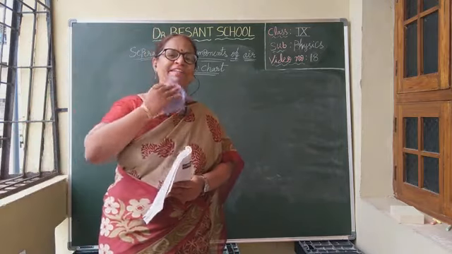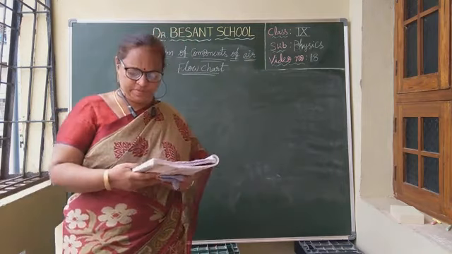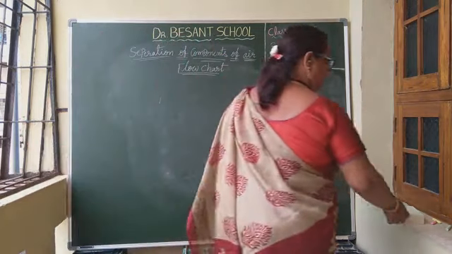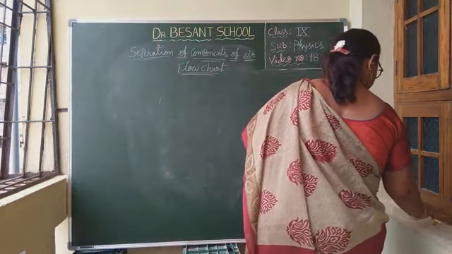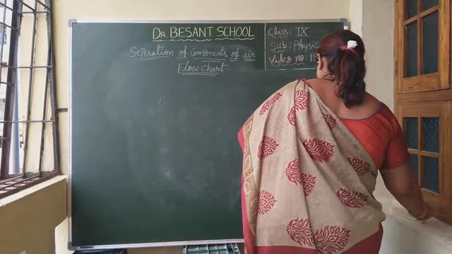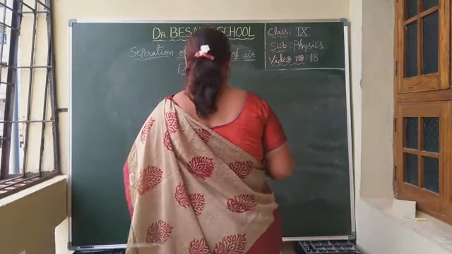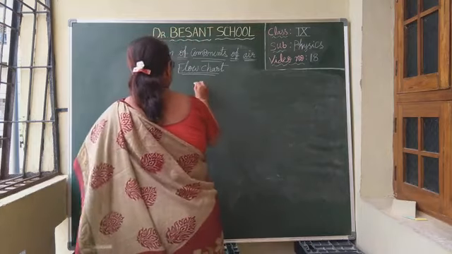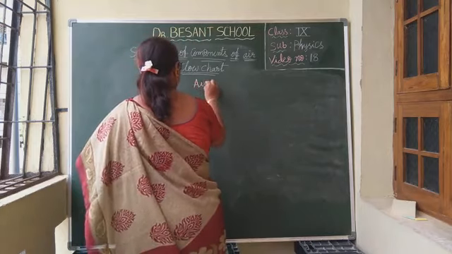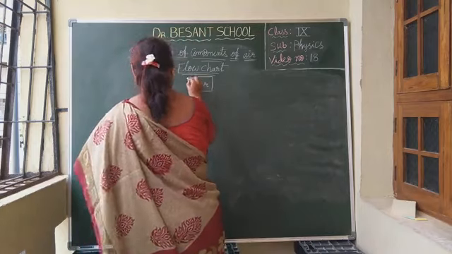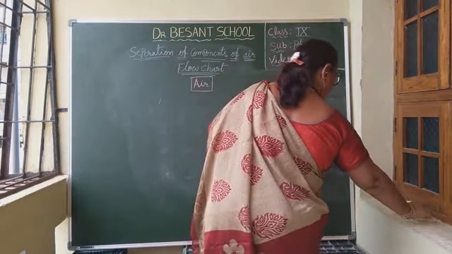I hope you all are ready with your books. Open your textbook, page number 49. A flow chart is given to understand how to separate the components of air. For that process, suppose first we have air. What should we do?